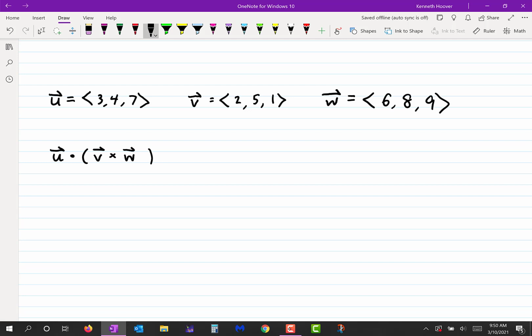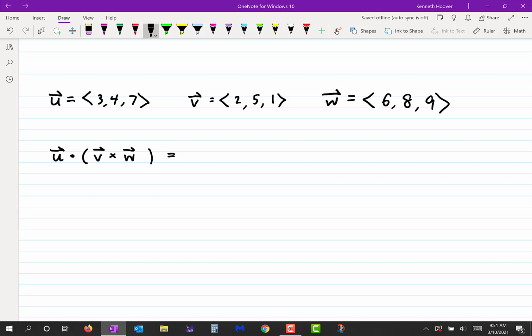That tells us the volume of the parallelepiped spanned by those three vectors. We did one like this in the lecture yesterday, where we calculated v cross u and then did the dot product of that with u.